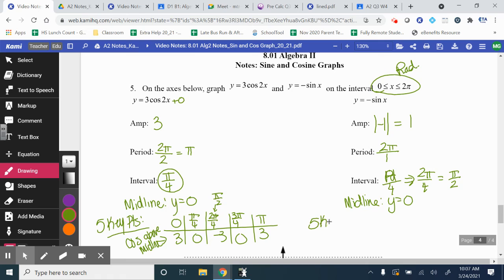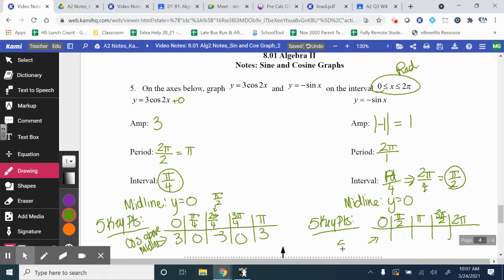And your 5 key points, starting at 0, going up by pi over 2, since that's my interval. So 1 pi over 2, 2 pi over 2, 3 pi over 2, and 4 pi over 2, which is 2 pi. Put that in your calculator if you haven't already.